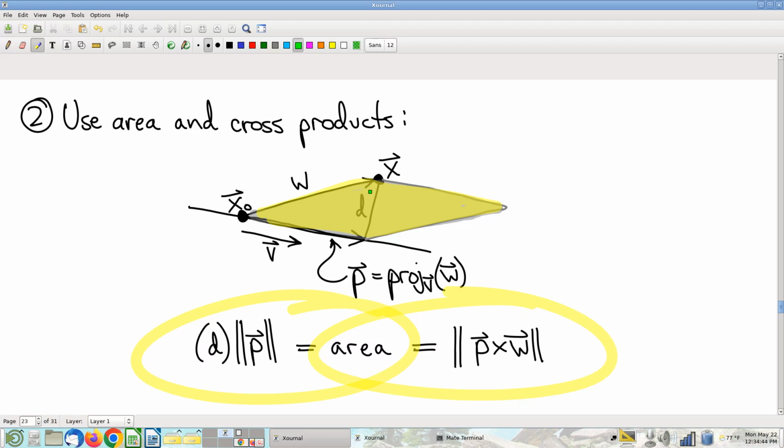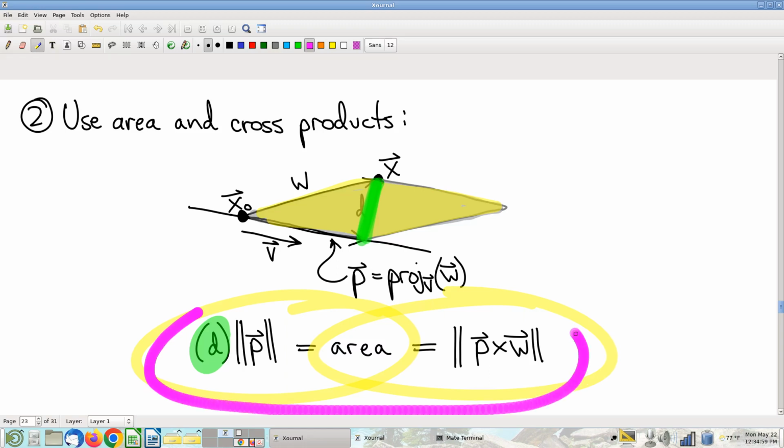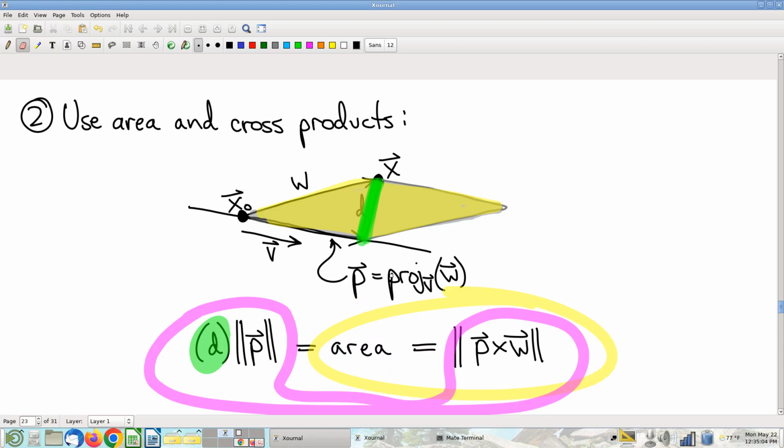But if the thing that you want, if that distance in this case, shows up as a participant in one of those calculations, then we get to say, okay, well, I didn't actually care about the area in the first place, but just because of those area arguments, now I have an equation involving these other things, and I can just solve for what I want.